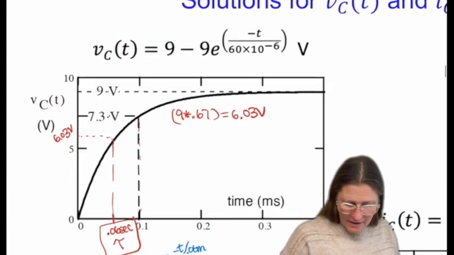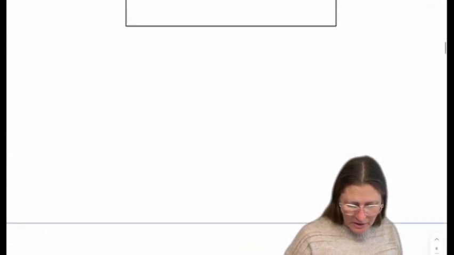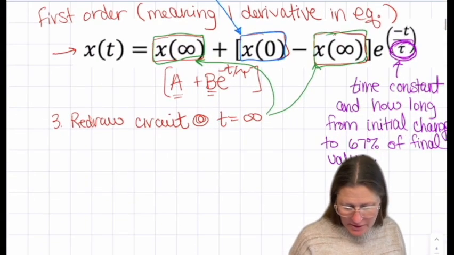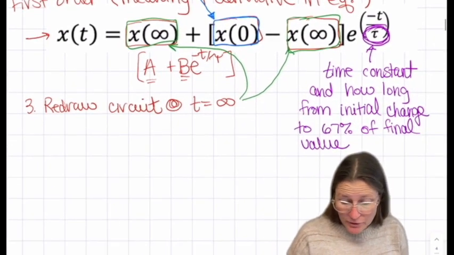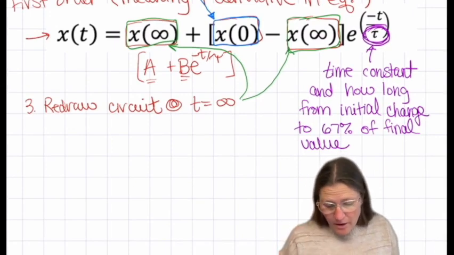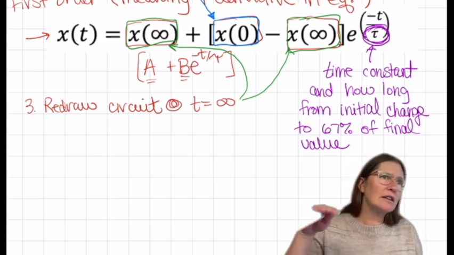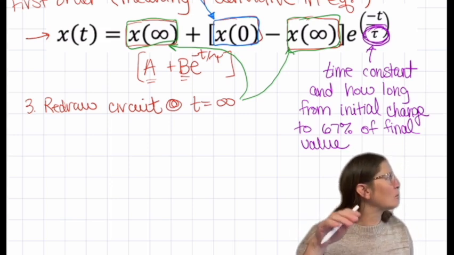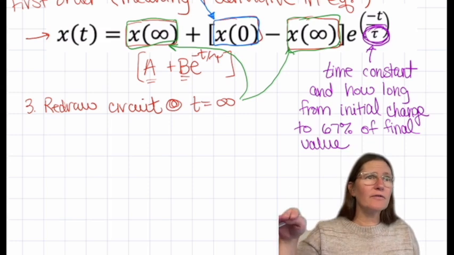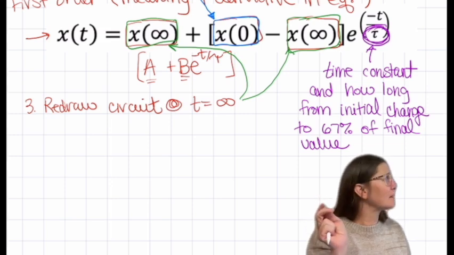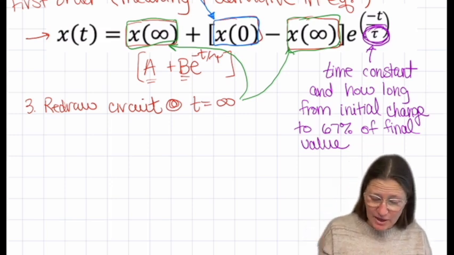Okay. Going back to this. So redrawing the circuit at the initial time. Okay, so for tau, if it's going to be 67% of that end time, then we want to do it as the final circuit. So you're going to look at the final circuit and use that to find tau.